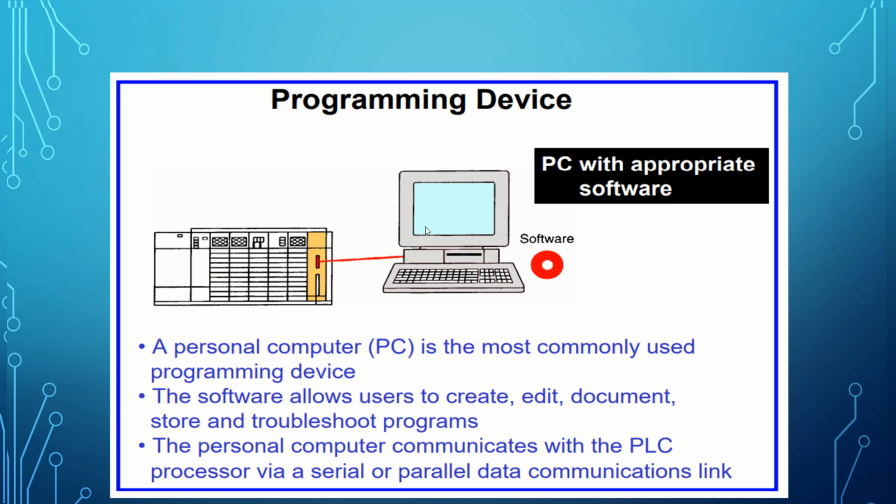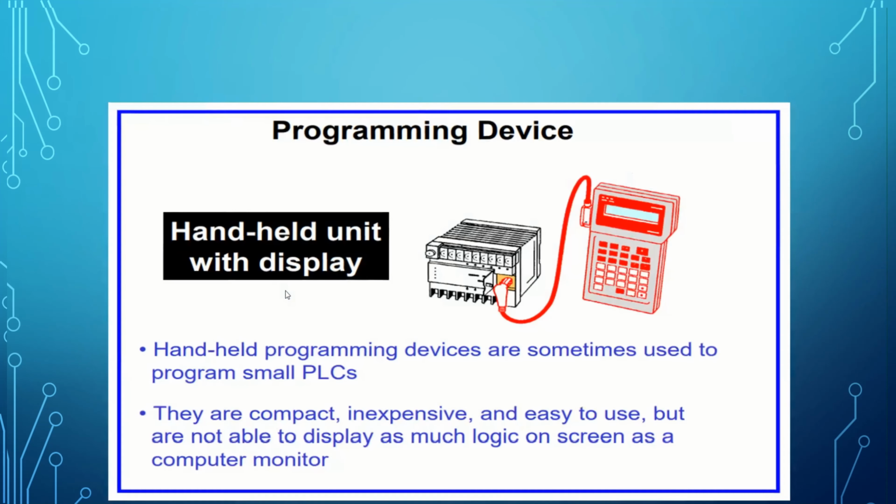It has software that allows the user to create, edit, store, and troubleshoot programs in the PLC. A programming console is a compact handheld programming device sometimes used to program small PLCs.